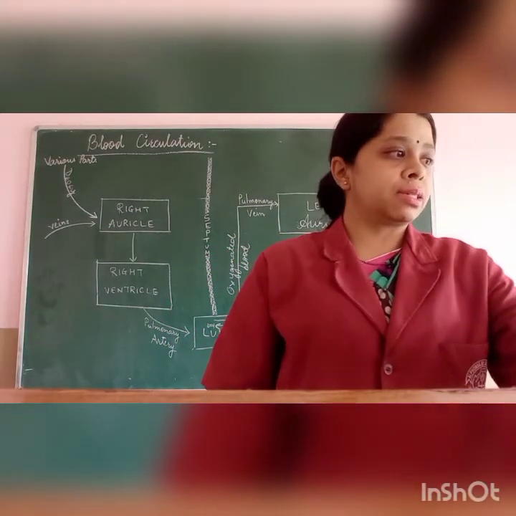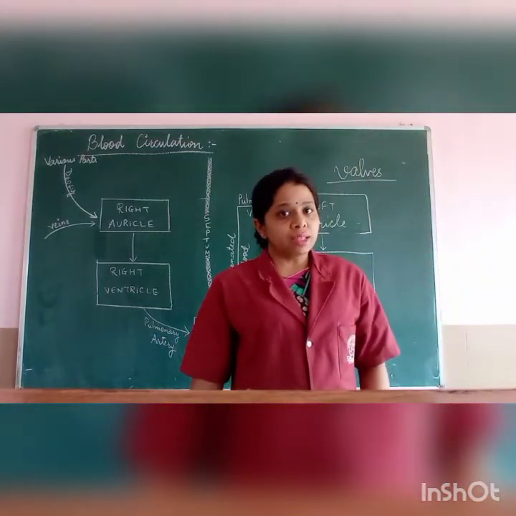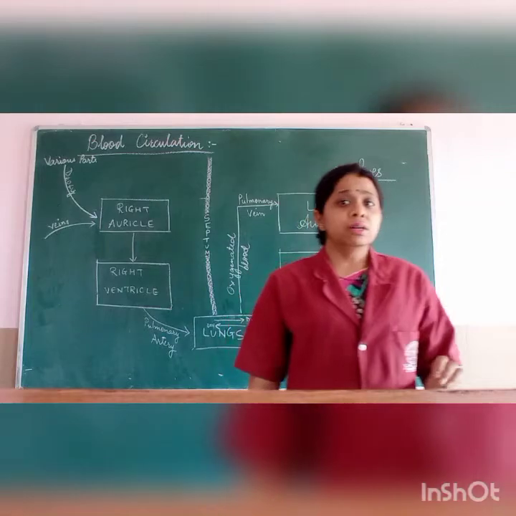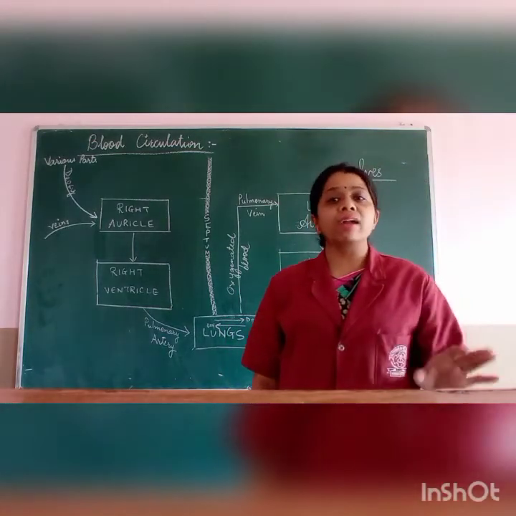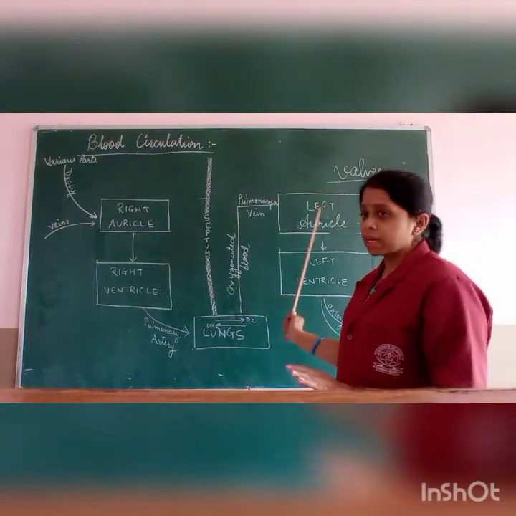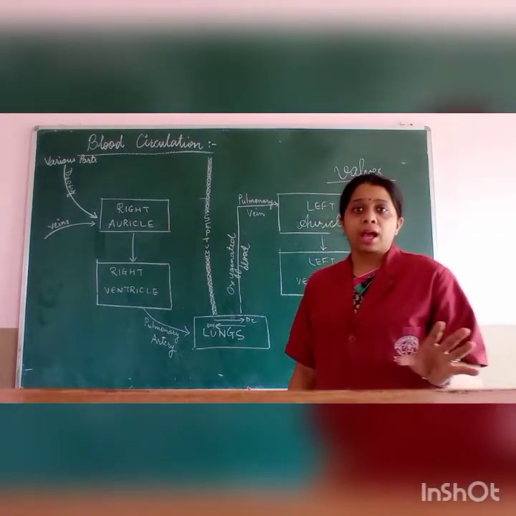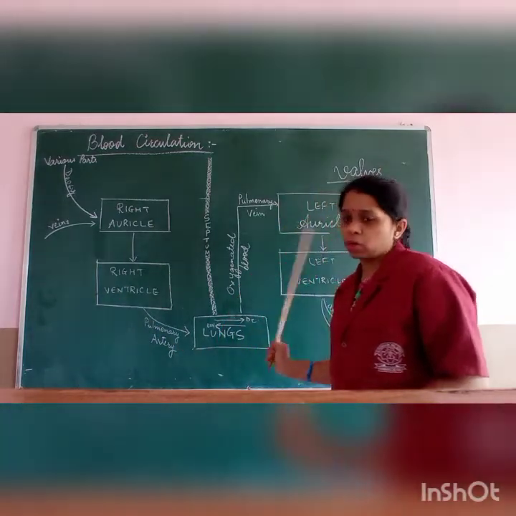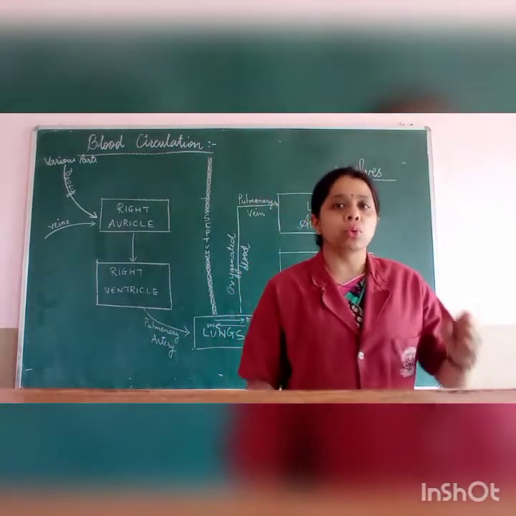Now the next part we are going to deal with is the heartbeat and pulse. This has to be learned. All the muscles will not contract and relax at the same time. First the auricles will contract, and then after a fraction of a second the ventricles will contract. This movement will go on.